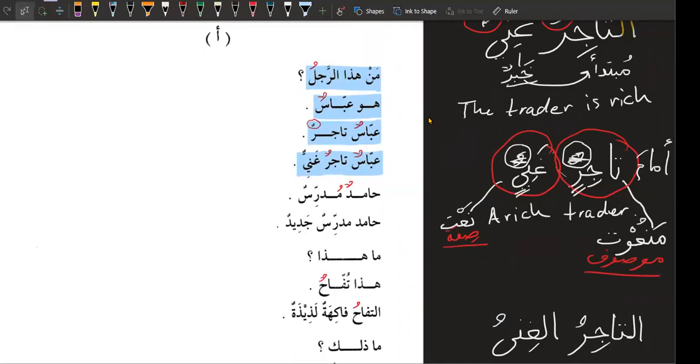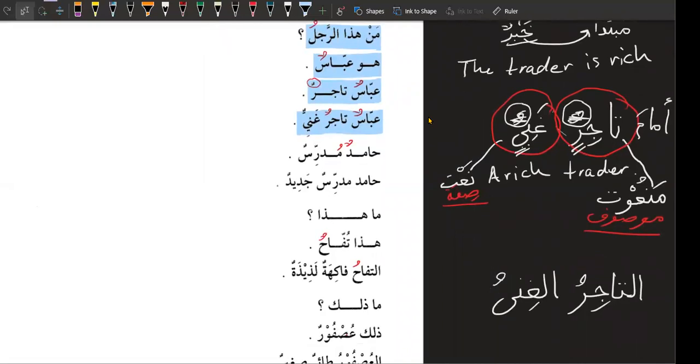And then we have التاجر الغني. So this التاجر would be the same. It would be منعوت, and الغني would be نعت. And then this translates as the rich trader.